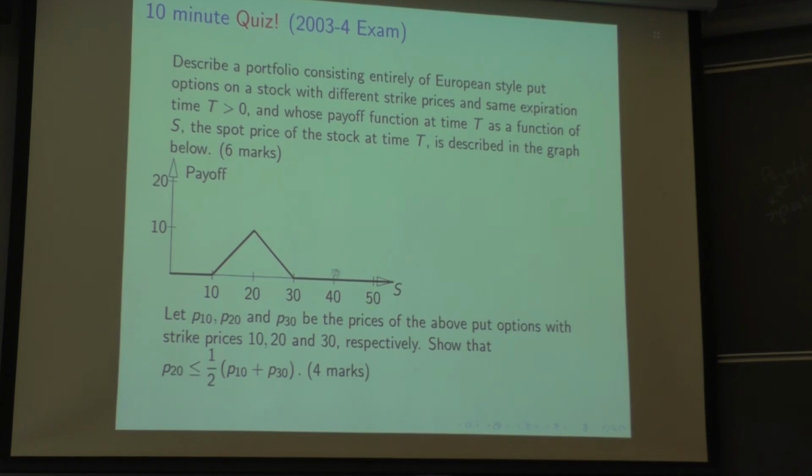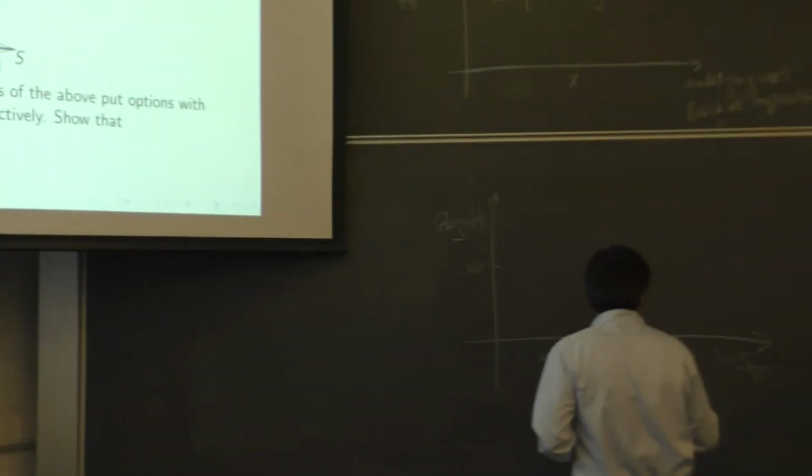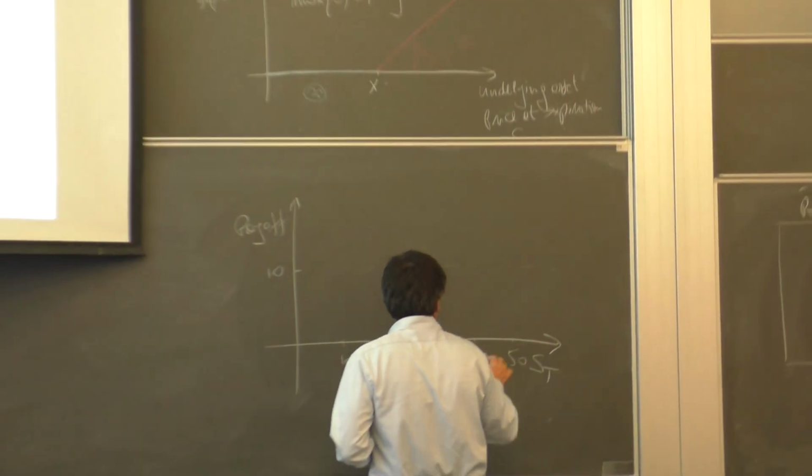This piece of the graph looks like a payoff function of a put option with a strike price of, say it again, 30, right?